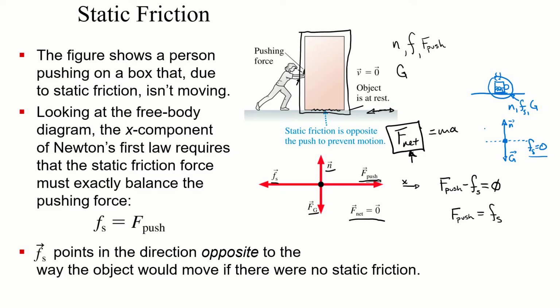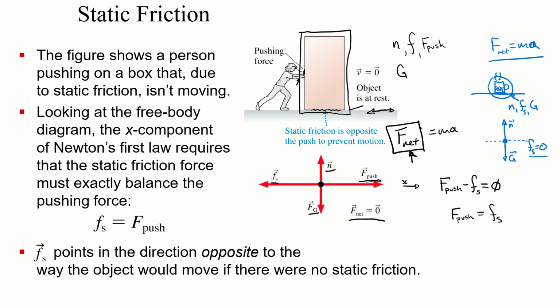But again, determining what that magnitude is comes from solving F net equals ma, Newton's second law, and solving for what static friction needs to be to make this equation still hold. Because generally, you'll know something about the acceleration from the fact that it's static friction and not sliding on that surface.